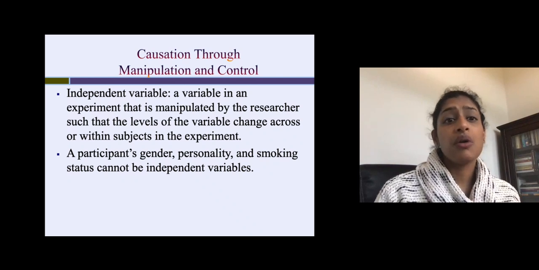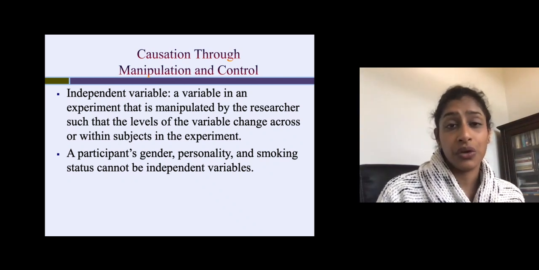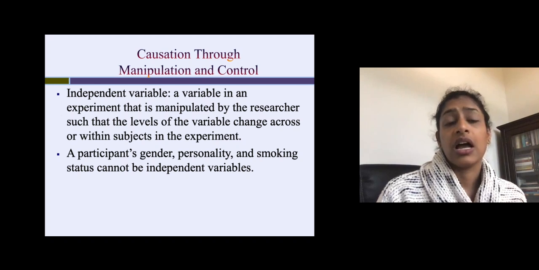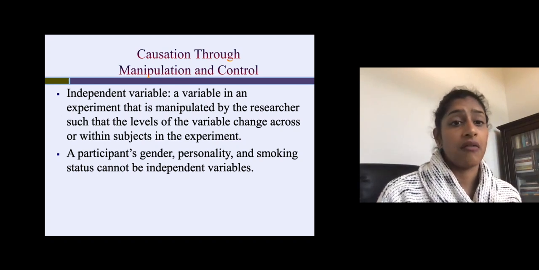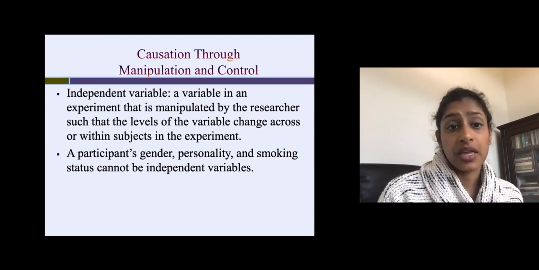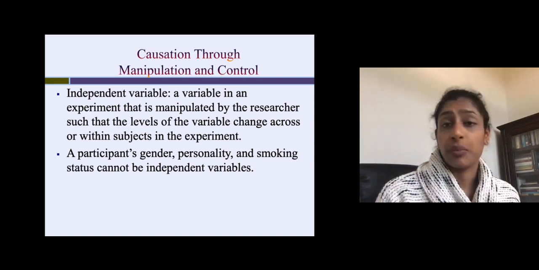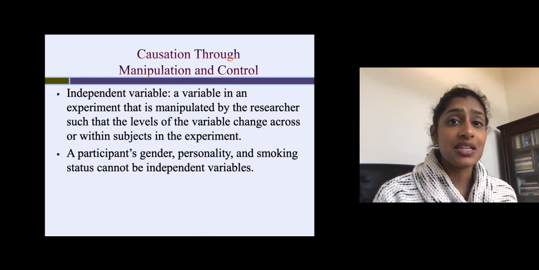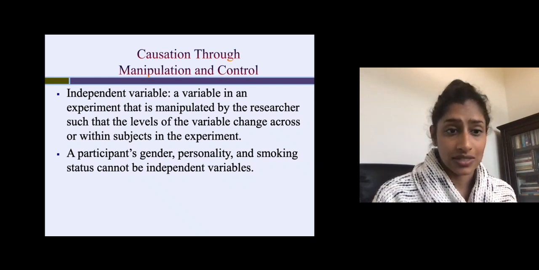Going back for a brief review, an independent variable is a variable in an experiment that is manipulated by the researcher. It can have levels and change across or within subjects. Something like a participant's gender, their personality, or their smoking status would not be an independent variable in an experimental design.